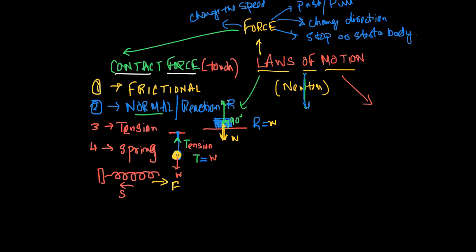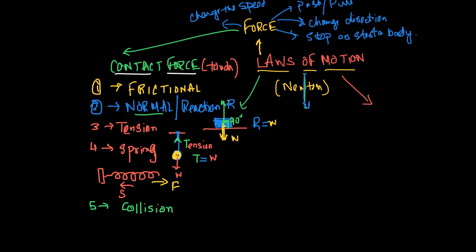The last very common contact force is the force exerted during collision, like when two bodies touch or hit each other. This is collision force, or we can just term it collision, for how we'll remember it.